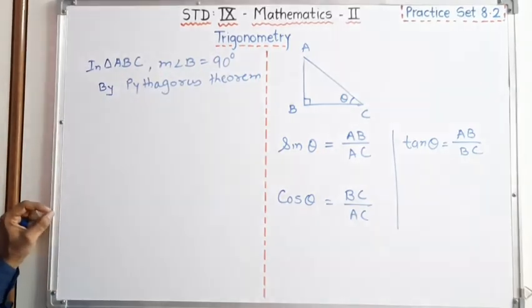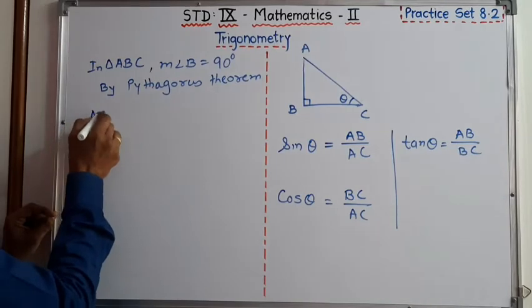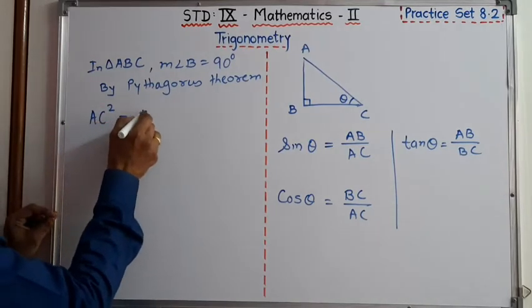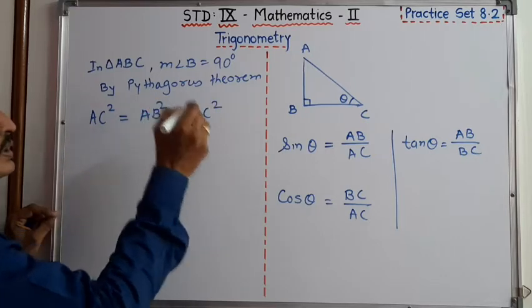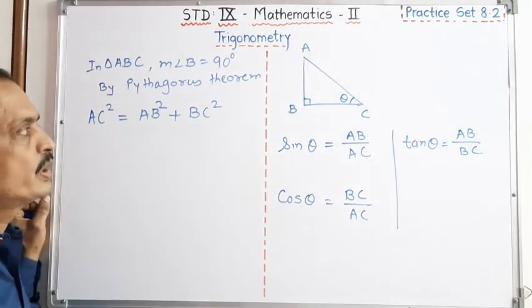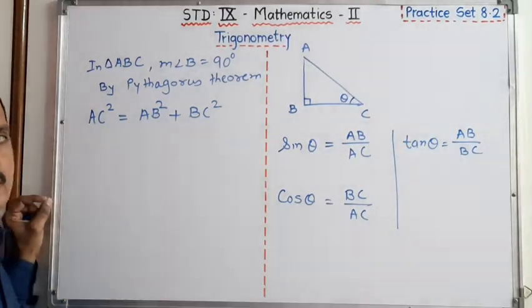We can write hypotenuse square, that is AC square, is equal to AB square plus BC square.